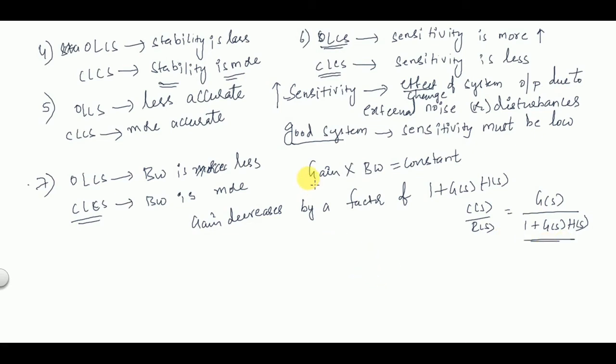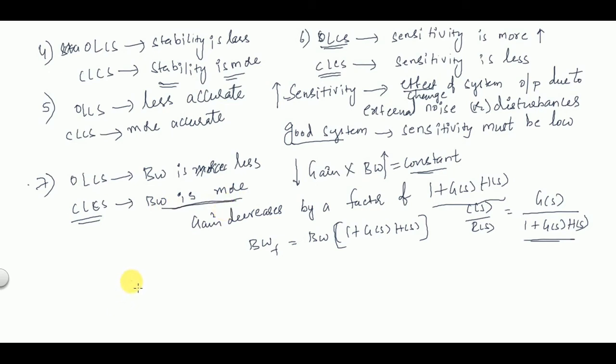So gain is going to be decreased, so bandwidth must increase by the same factor. So bandwidth with feedback is bandwidth without feedback into 1 plus G(s)H(s). This bandwidth must increase in order to make this product constant. This is how bandwidth is going to be more.